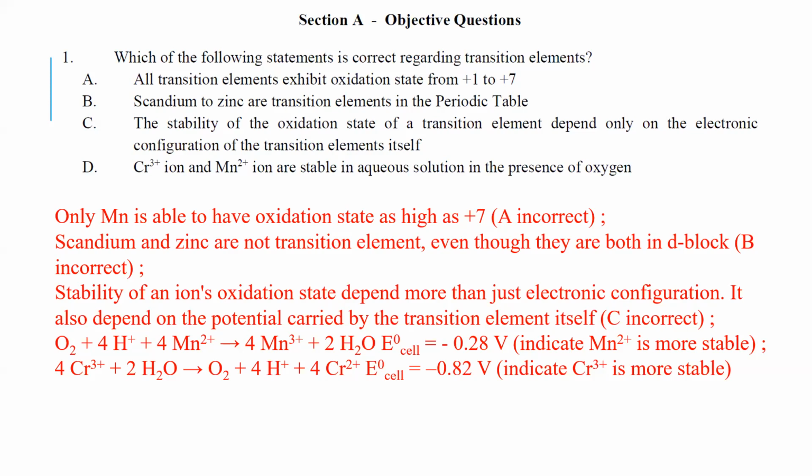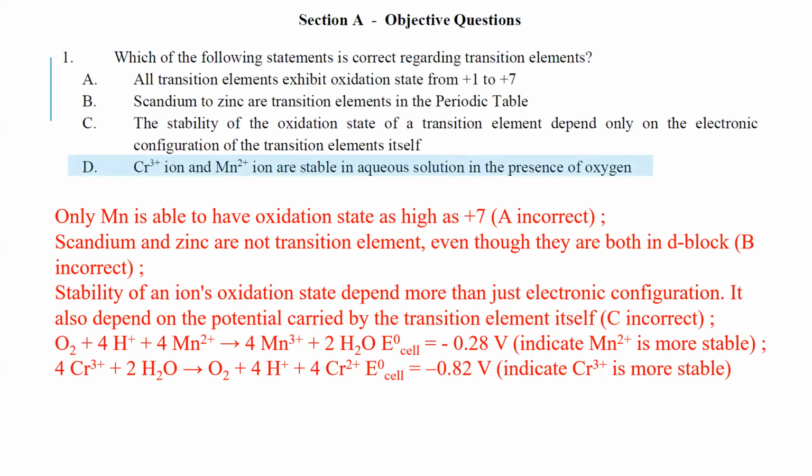In here, if you use the equation O2 + 4H+ + 4Mn2+ give 4Mn3+ + 2H2O, E0 will be -0.28, and then 4Cr3+ + 2H2O give O2 + 4H+ + 4Cr2+, E0 is -0.82. About how we get this overall equation, you may refer back to the videos that I've already explained thoroughly in detail in this chapter. So the best answer in here is D.